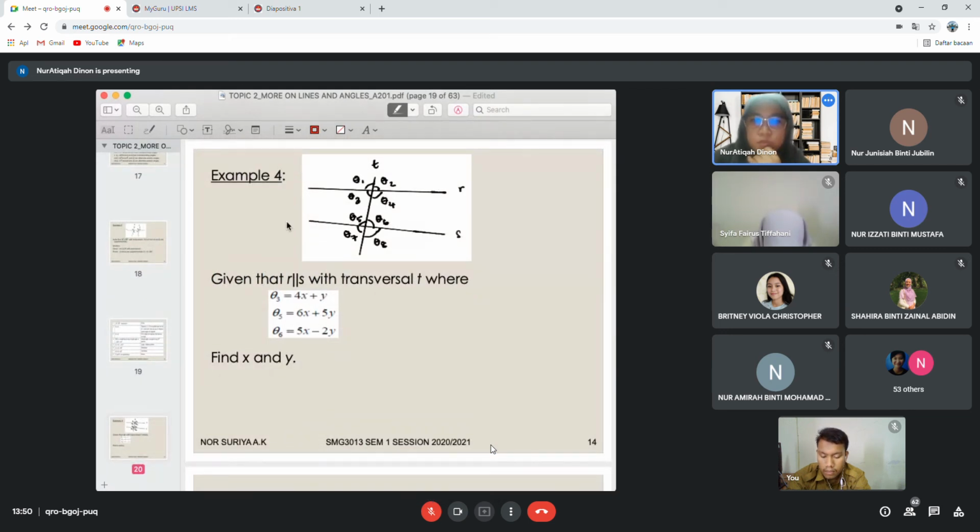So we have two lines here, R and S, and there's a transversal line, which is T, and we know that theta 3 over here is 4x plus y, theta 5 over here is 6x plus 5y, and theta 6 over here is 5x minus 2y. So what kind of information do we have?